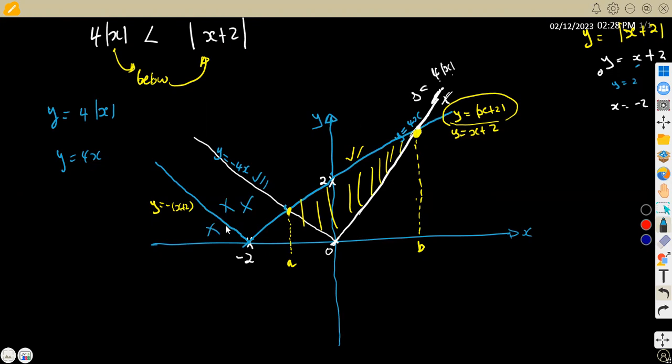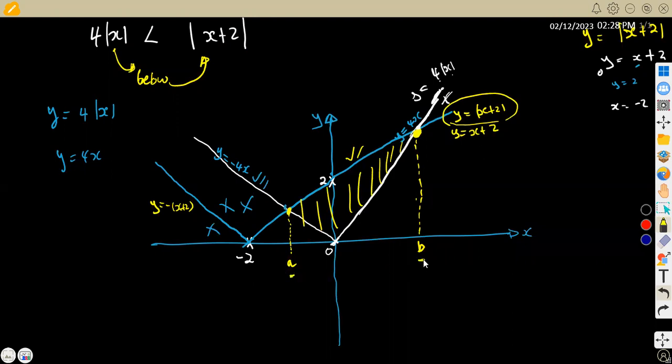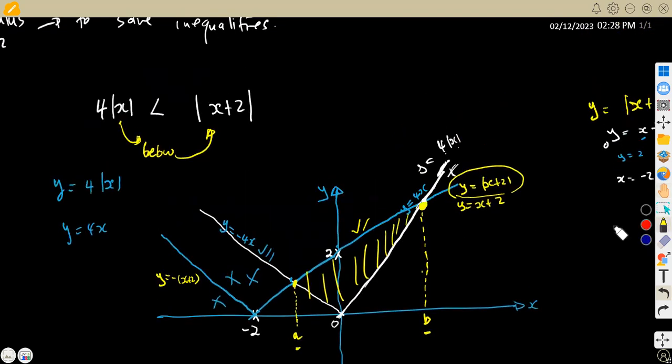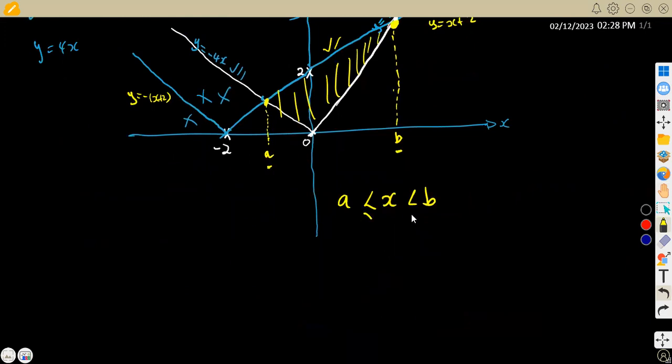So our solution from the graphical method is going to be taken in between these points, which are A and B. We know that in between, the inequality is supposed to be x greater than A but less than B. Take note, if it was written as less than or equal to, it means your answer is also going to carry the equal to.